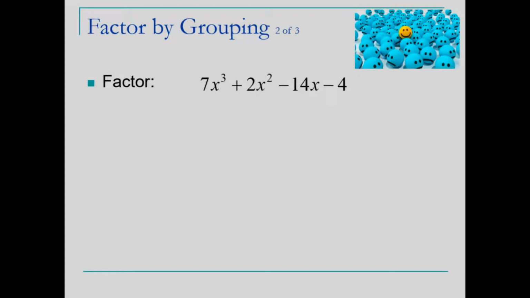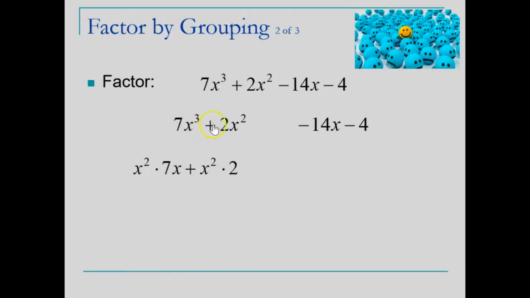Here we are asked to factor a 4-term polynomial. In order to identify that factor, we regroup into 2 groups of 2 terms as we did in the last example. Here we have the first 2 terms and the last 2 terms. Factor each binomial.